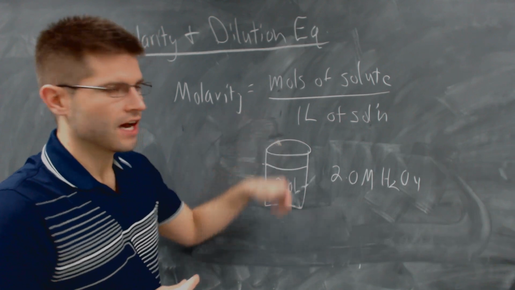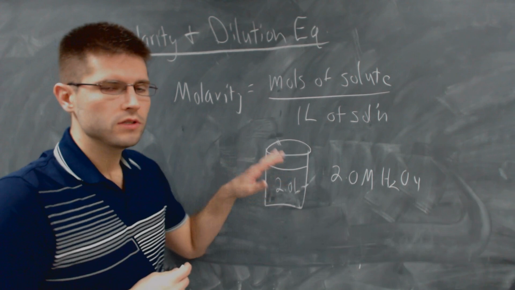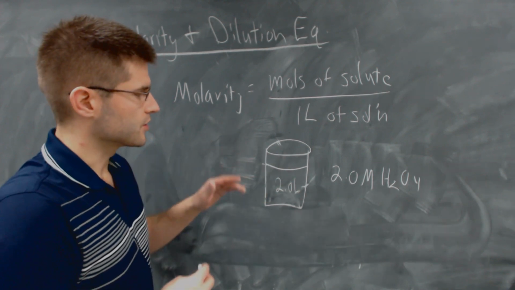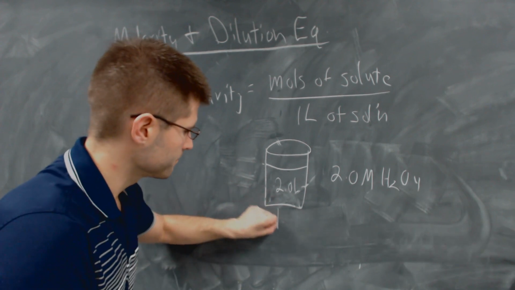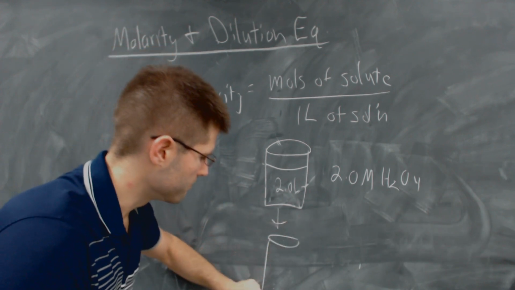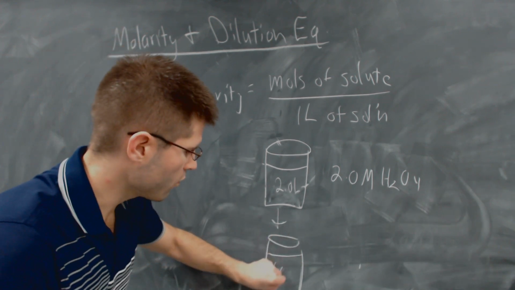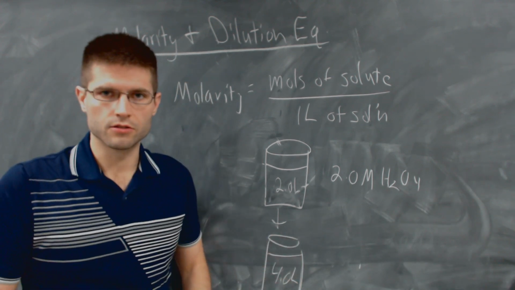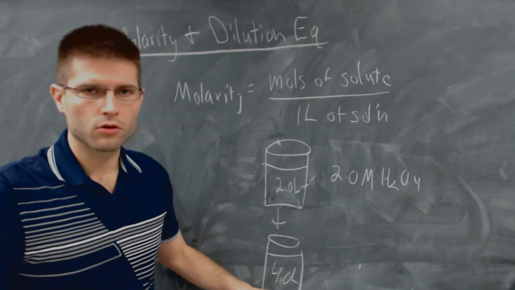So if we added in another amount of fluid, another 2 liters of water, such that the total volume of this solution is now 4 liters. So think of this as a bigger beaker, and now we're up to the top part, and now we have 4.0 liters of solution.